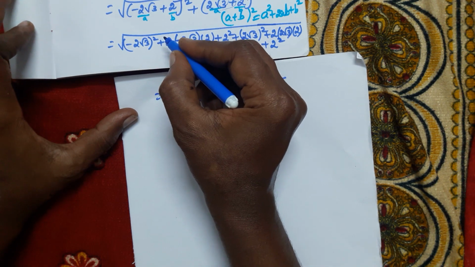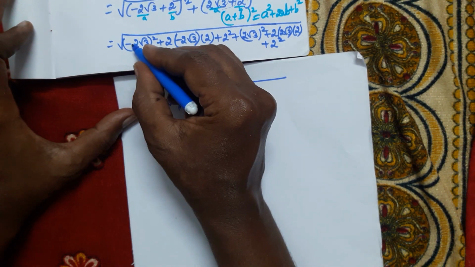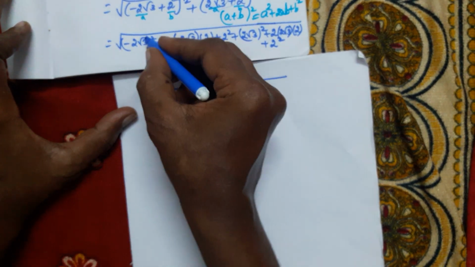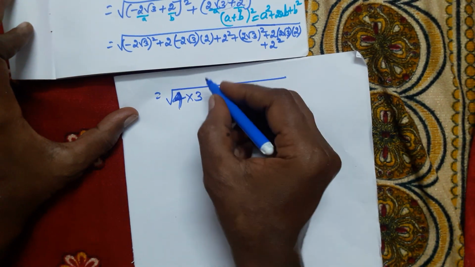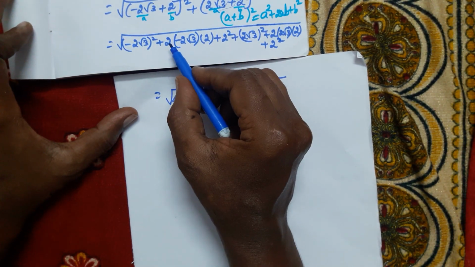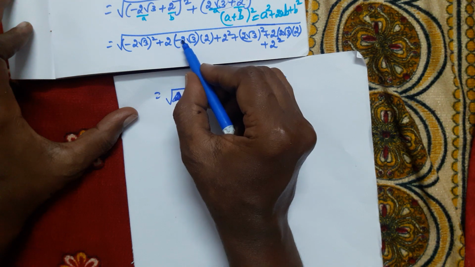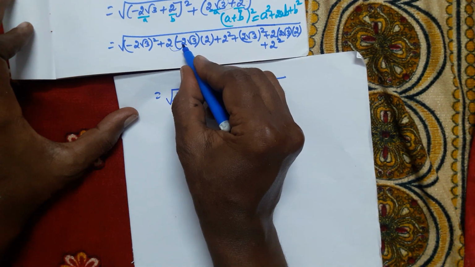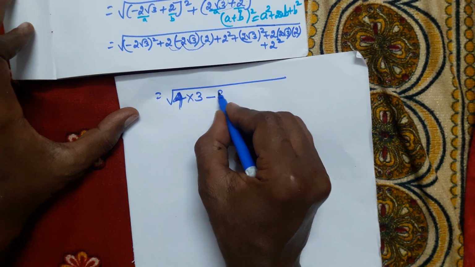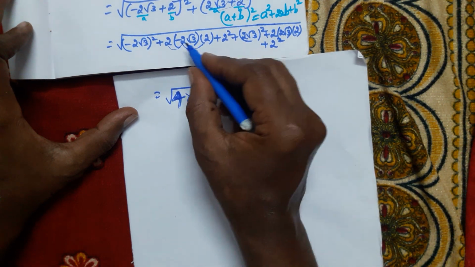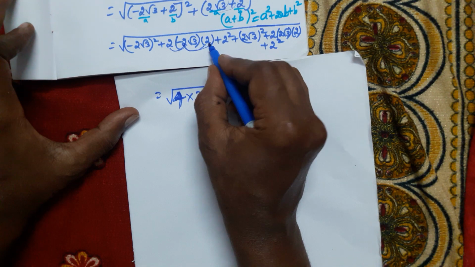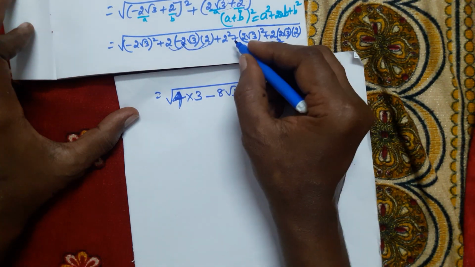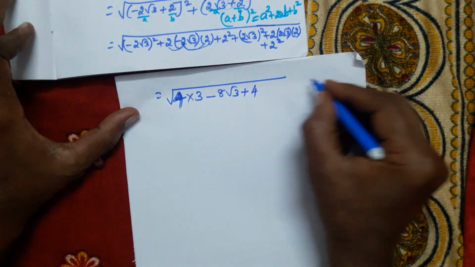Minus 2 root 3 the whole square means minus 2 the whole square is 4, root 3 the whole square is equal to 3, 4 into 3. Next, when we are multiplying plus into minus, minus 2 2's are 4, 4 2's are 8, 8 root 3, okay. 8 root 3 plus 2 square is 4.